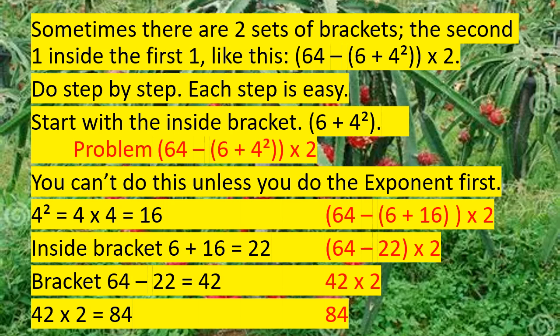And it looks like bracket 64 minus 22 bracket times 2. So we can do the bracket. 64 minus 22 equals 42. So now our problem looks like 42 times 2. And then we can do that multiplication. 42 times 2 equals 84. And that's the answer.